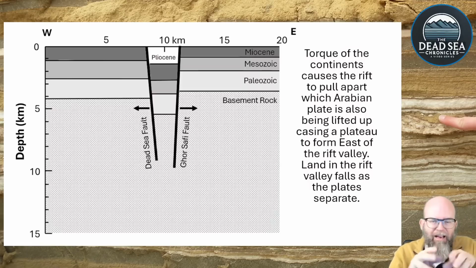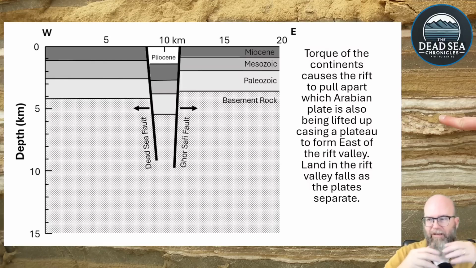And as this twist begins to occur and they're all helping to slide past each other, that begins to open up a wedge in some areas because of that torque. And so they start to pull apart. And as they start to pull apart, there's also some upwelling below. There's magma below in the mantle that's basically pushing up.